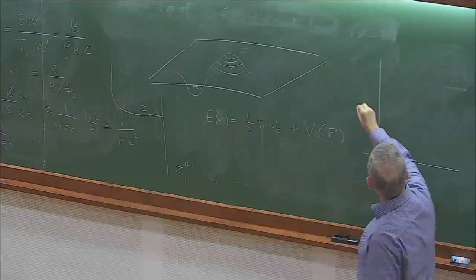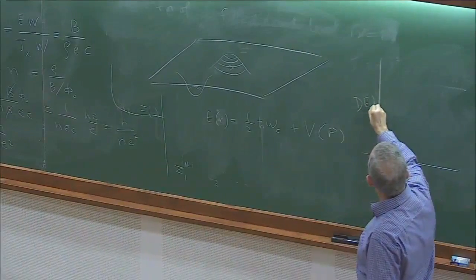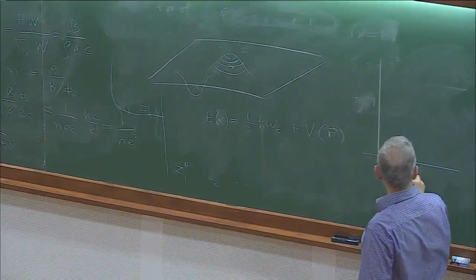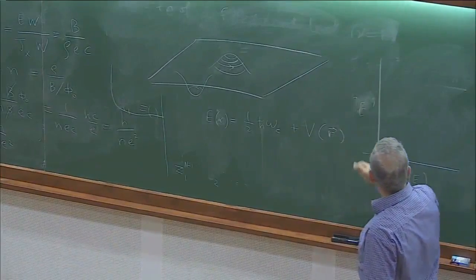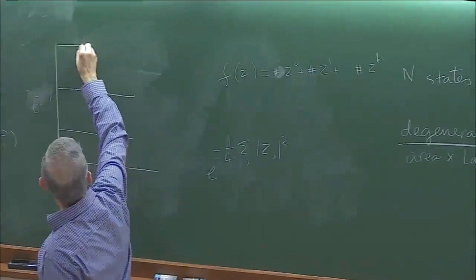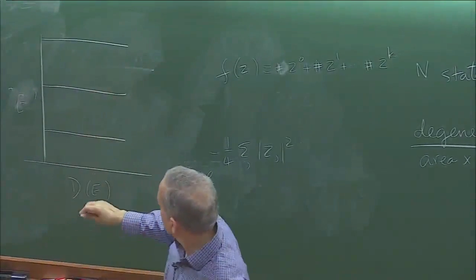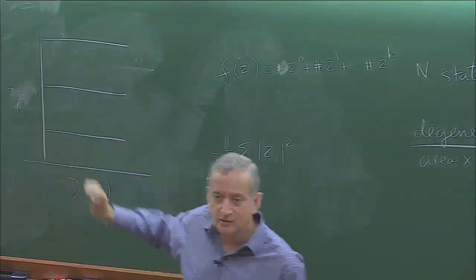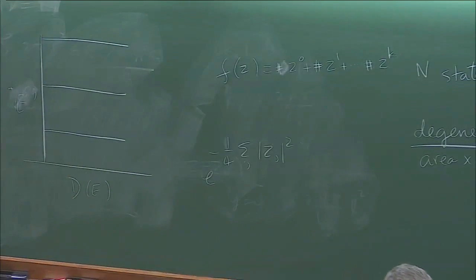So the picture that comes out is the following. If I draw the density of states, let's do it this way, as a function of energy, earlier we had only these energies available. This was 1/2 ħω_c, this is 3/2, 5/2. These are the only energy scales available, nothing else.